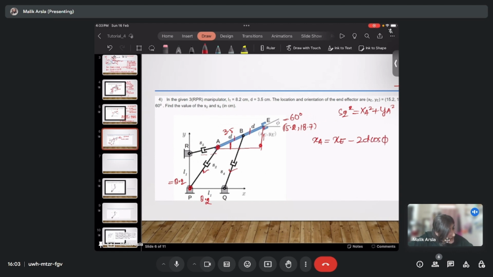Similarly, ya: this whole length is ye, so I have to subtract this length from ye. So ya is ye minus 2d sine of phi. Why? Because this angle is phi, this is phi, and this is 2d, so it will be 2d sine of phi.